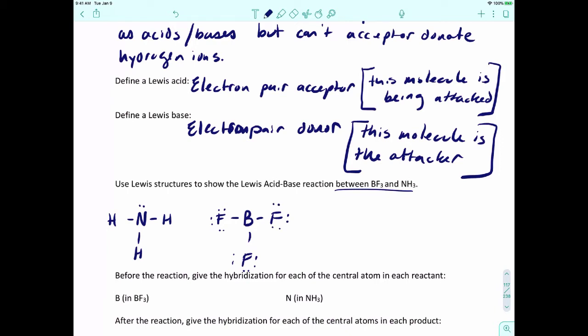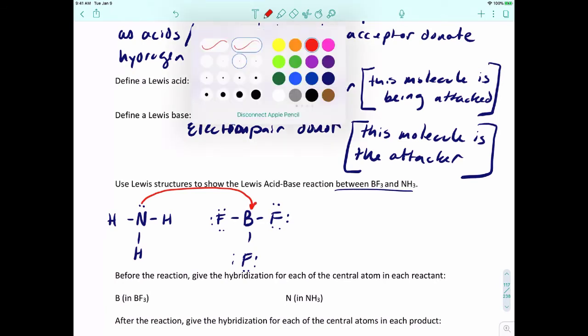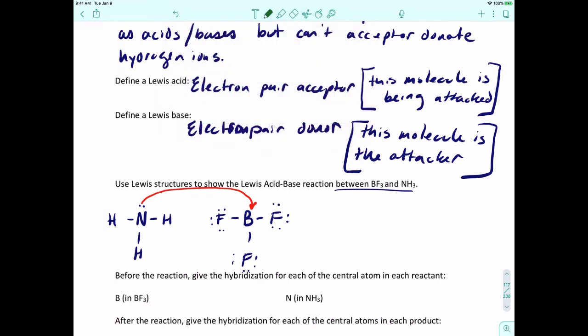So the way this works, using a lone pair of electrons on the nitrogen, we come in and attack the boron. According to our definition, the NH3, since it's doing the attacking using the lone pair, is a Lewis base. And the BF3, since it's being attacked, is the Lewis acid.